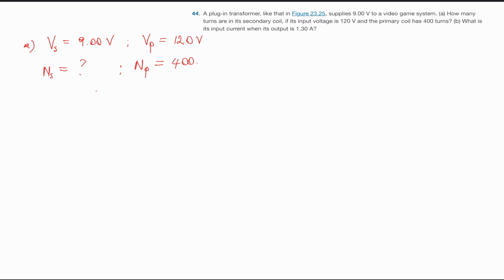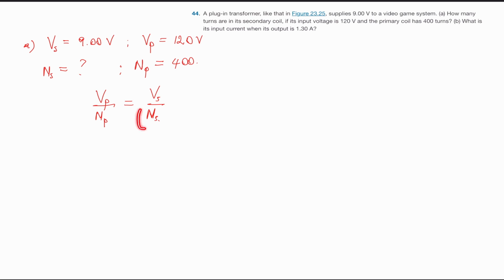Then from the law of transformers, we know that this ratio is a constant across the transformer. In other words, the ratio of the voltage to the number of turns on the primary side is going to be equal to the voltage over the number of turns on the secondary side.